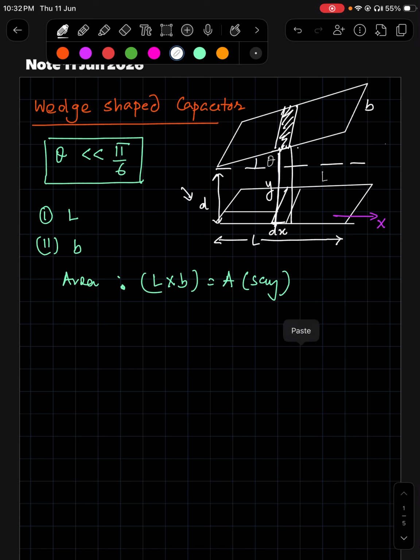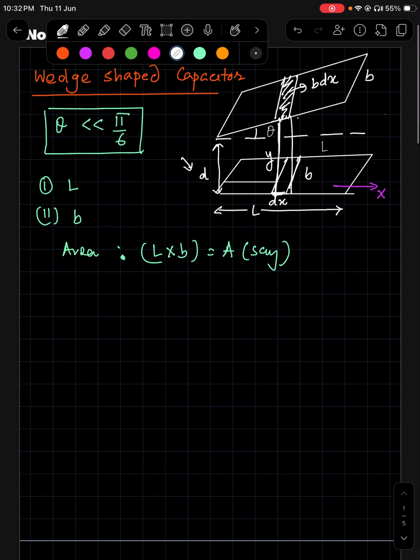First I take a small strip of length dx and breadth b. The area becomes b dx and the separation is y. So the small portion of the big capacitor has capacitance epsilon A by d, that is epsilon b dx by y.